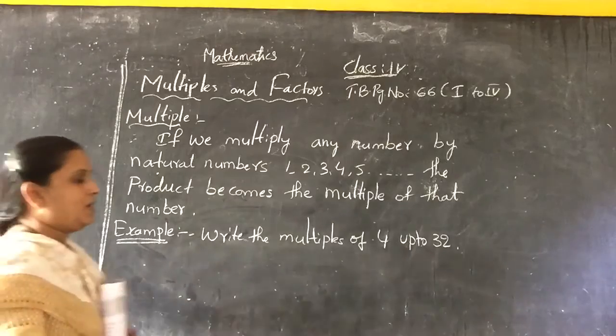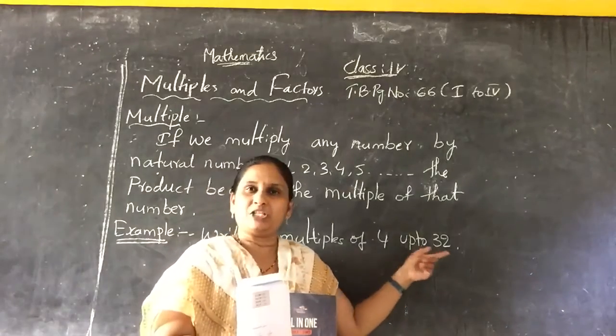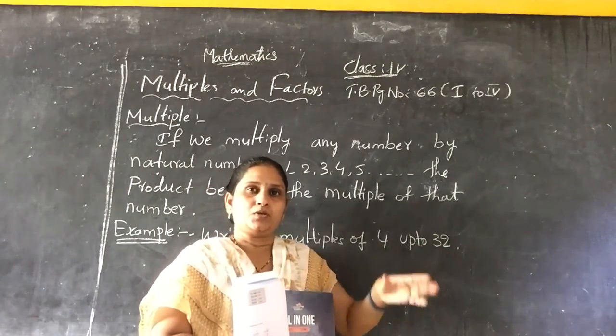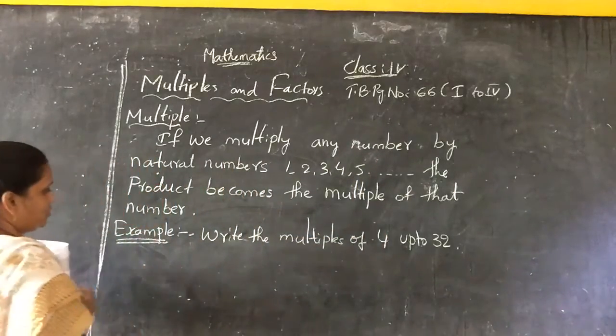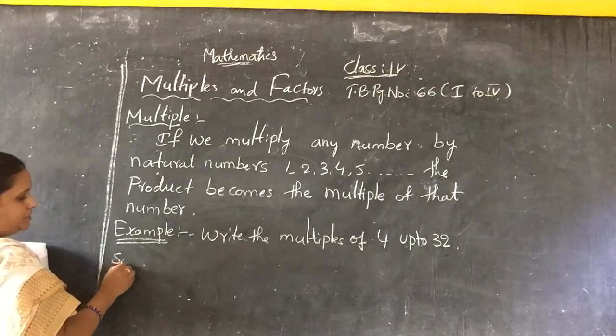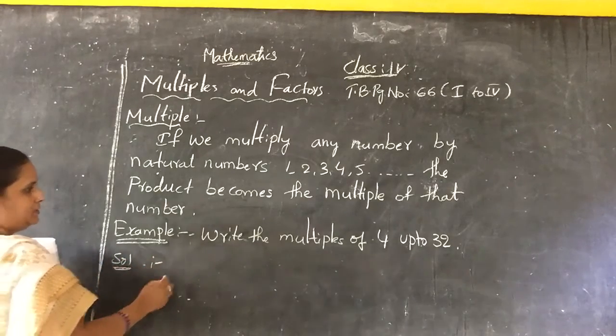It means by multiplying which number will we get 32. So before that, all the answers you have to write as multiples, students. So the solution, inside the margin only.